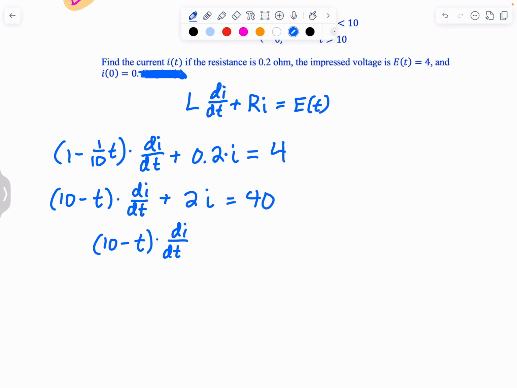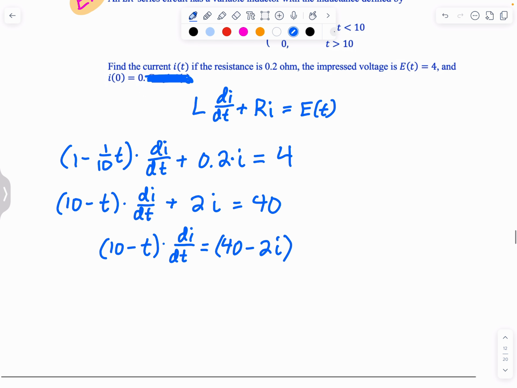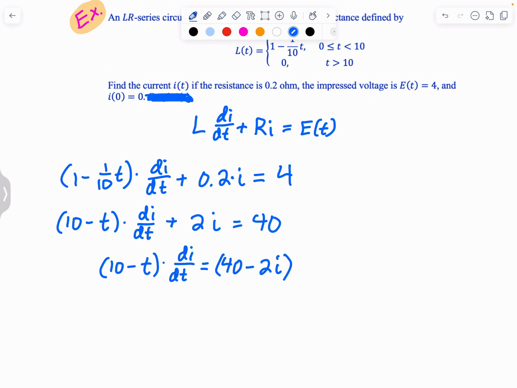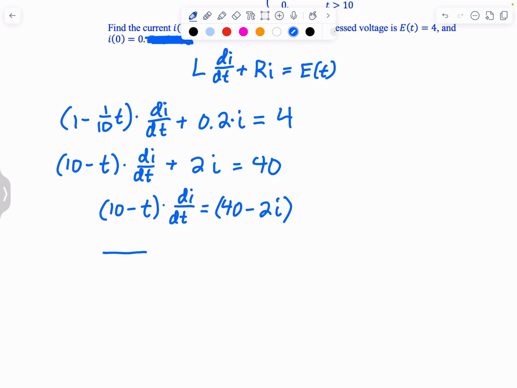I just got to it and I'm like, that looks horrible, right? Looks like it was going to get bad. But if I move it over here, this is kind of deceptive because of that plus, but if I move it over there, I can group these together like that. I didn't do anything but put parentheses around them. And then there you can see that it is actually separable. So we're going to get 1 over 40 minus 2i di, and then we're going to get 1 over 10 minus t dt. There we go.